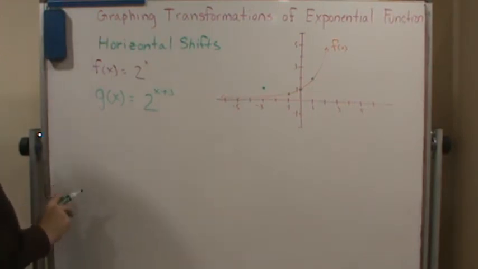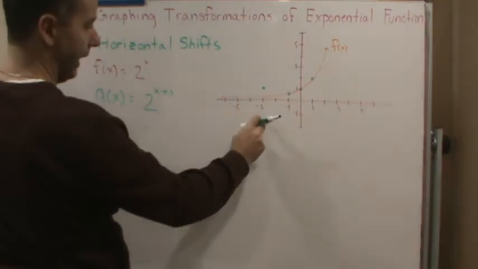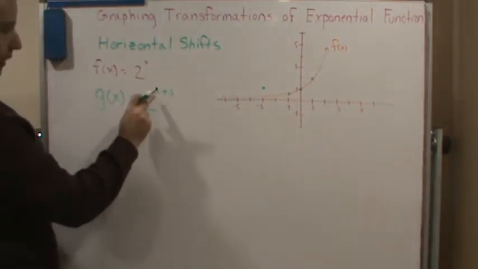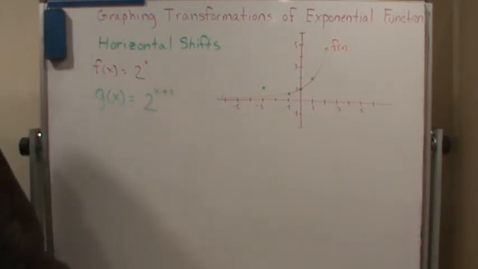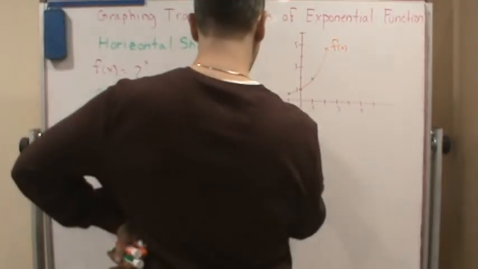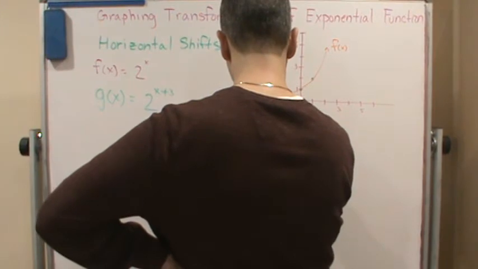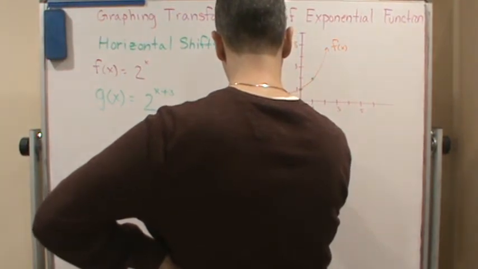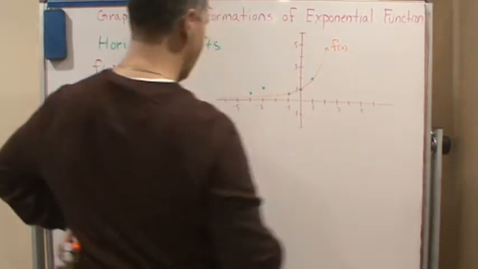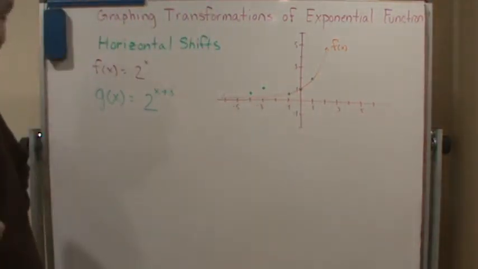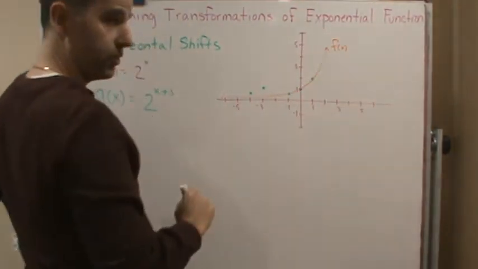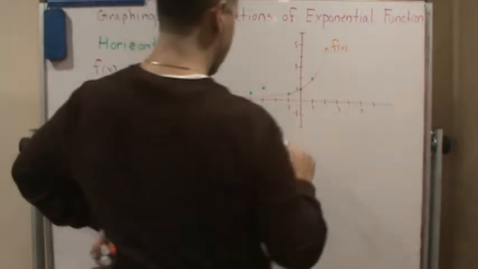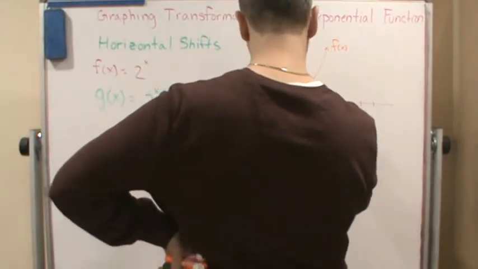That's not going to happen until x is -4, because when x is -4, I get 2 to the -1, which will give me a half. So at -4, it'll be 1/2. And then you might be able to guess where the next point moves. It's going to move to the left 3 spots as well, so 1, 2, 3, and it's going to be here.